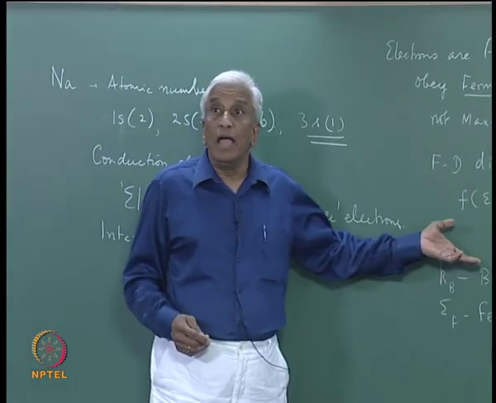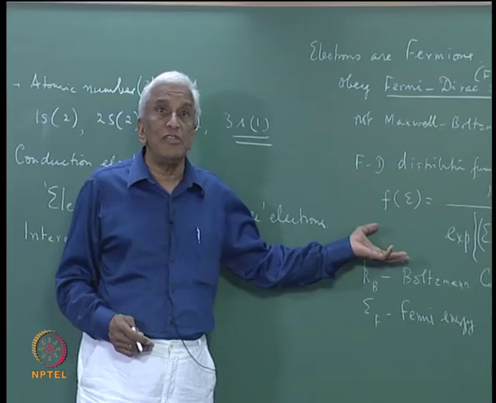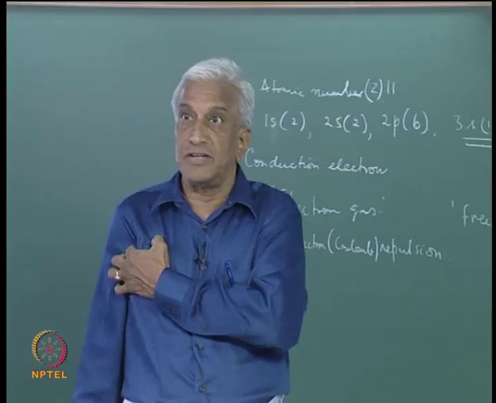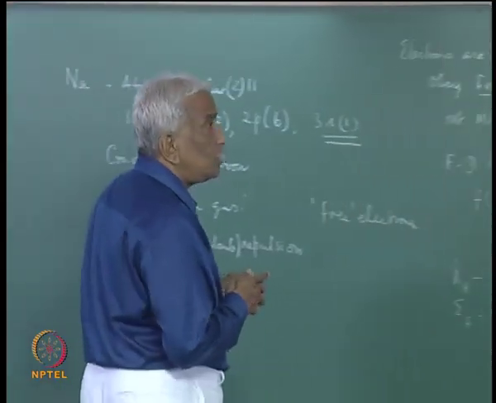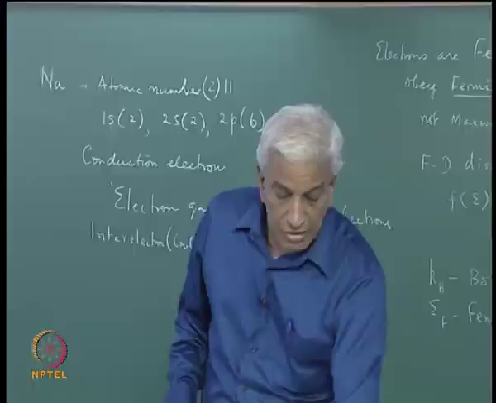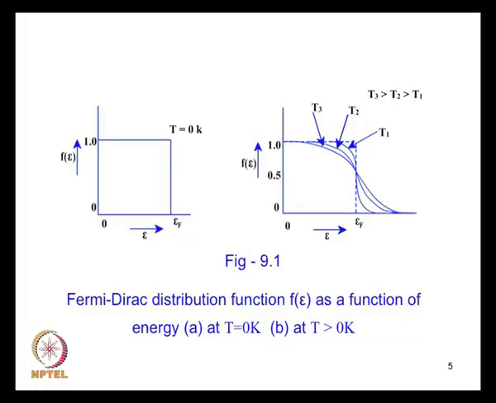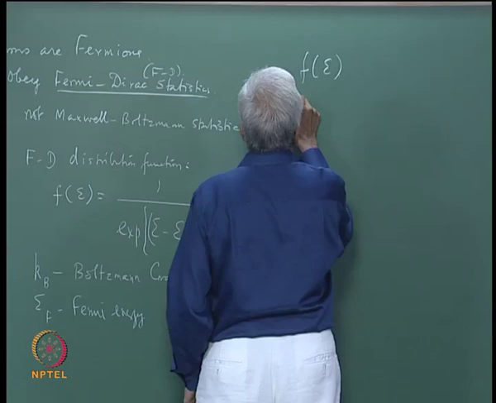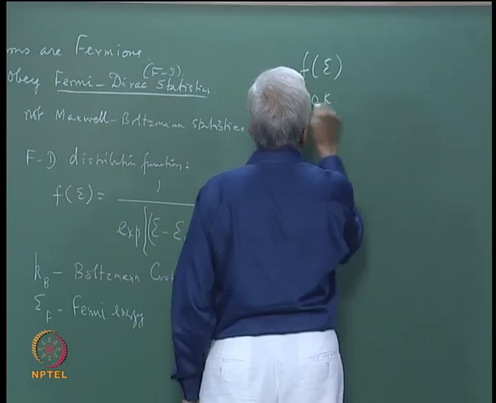Now, the collective behavior will depend on the statistical distribution, how the electrons are distributed in energy. Therefore, let us look at how this function looks. This function is plotted in this figure. Let us look at the figure on the left side, which gives this function plotted at absolute 0.